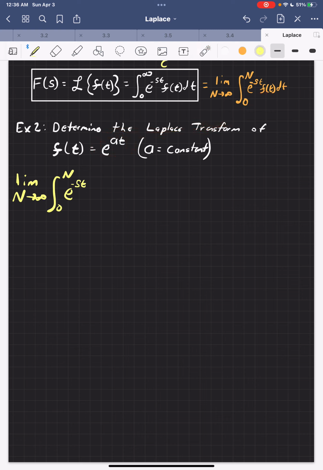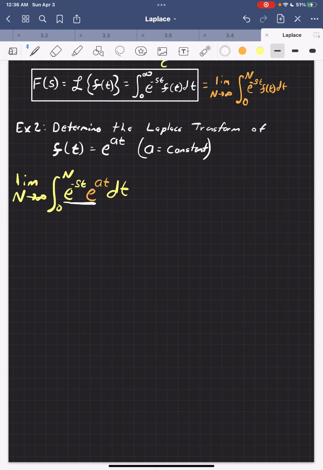All right. So multiplied by e to the at, and we're going to be integrating that with respect to t. All right. So it's worth taking a second and manipulating this integrand.